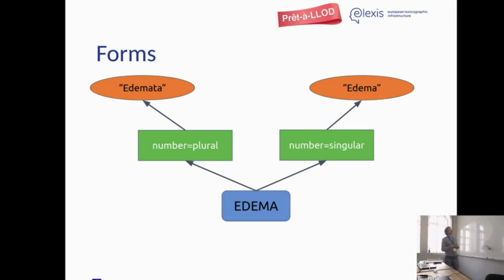And this form URI says, for example, edema is a form, the number is plural, and the actual form we're representing is edemata. We have a triple for this: the subject is the form URI, the property is number, and the object is plural. Then we have another triple from this form URI, saying that its form is this literal value here.